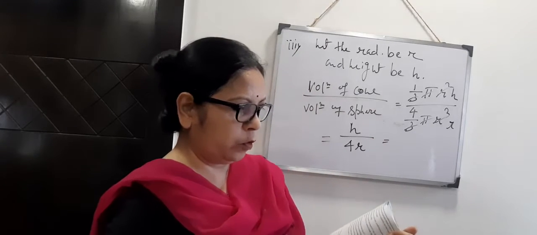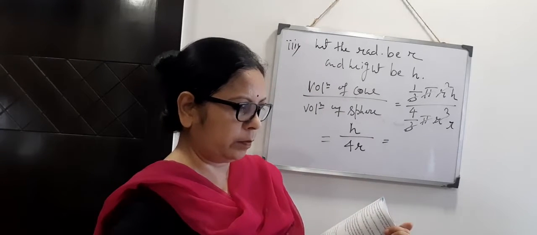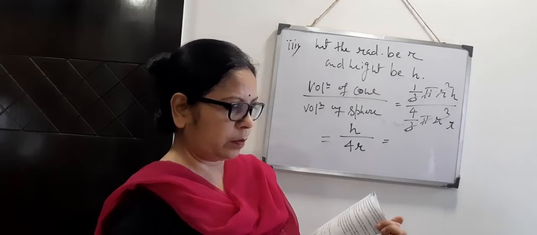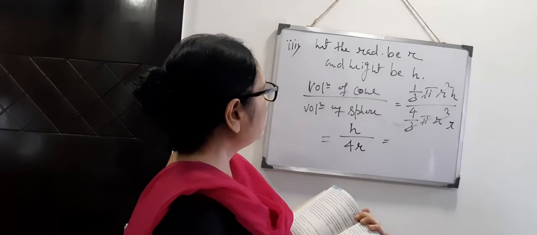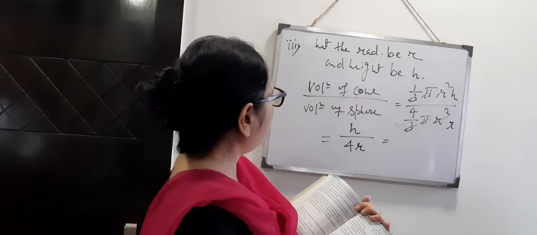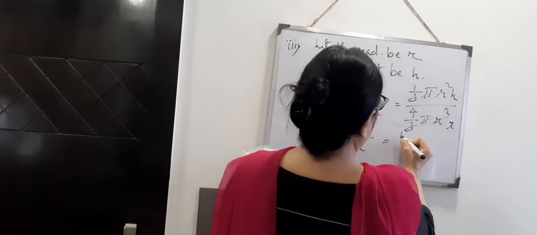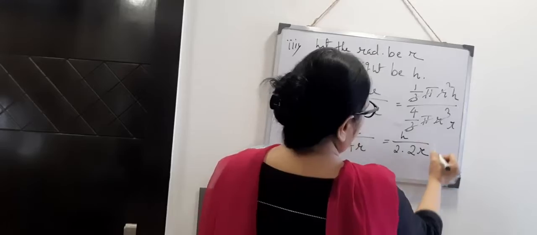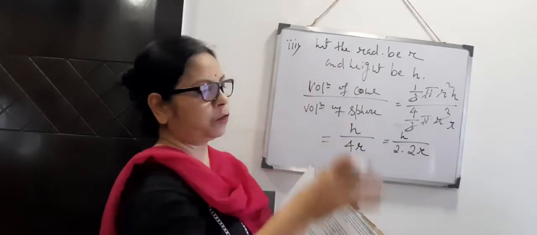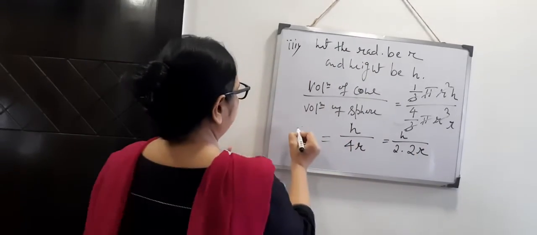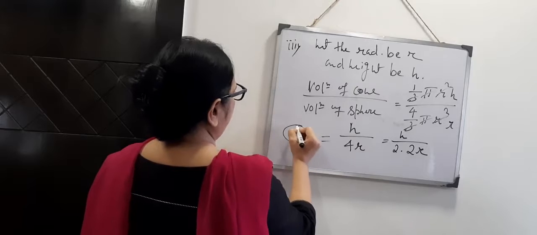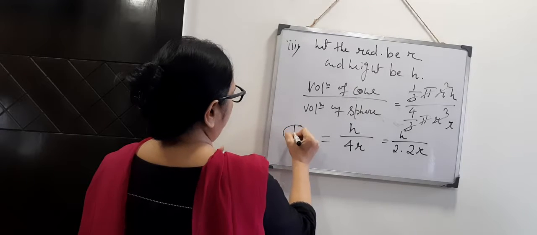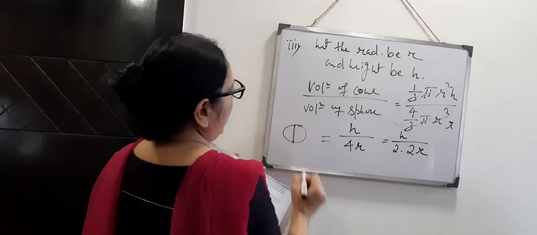One thing you can do, pi you have cancelled, h by 2 into 2r. Here, diameter of the sphere is the height.